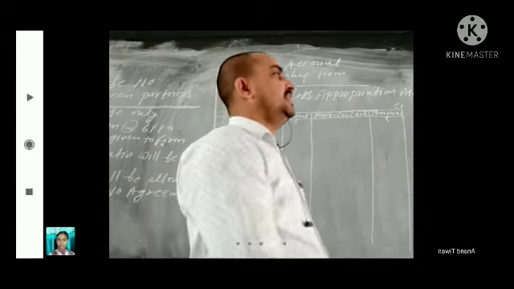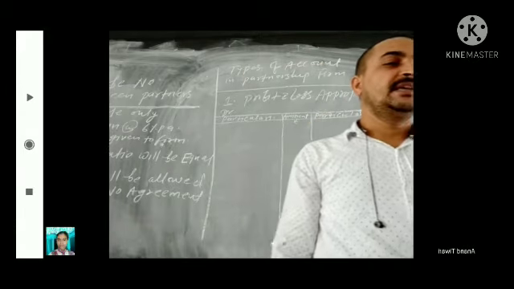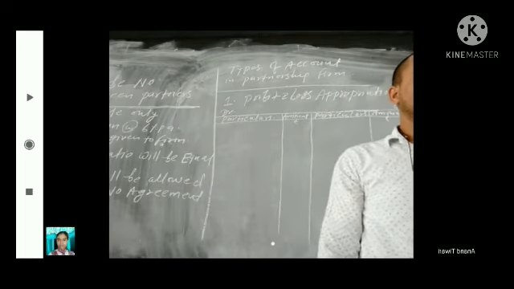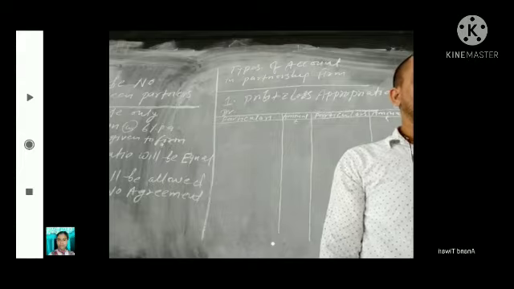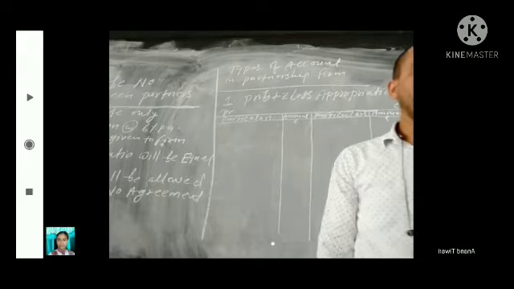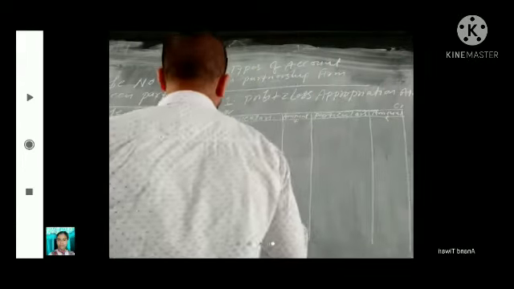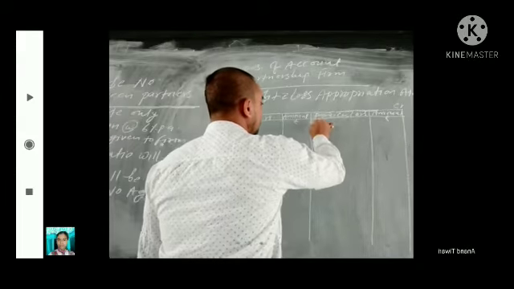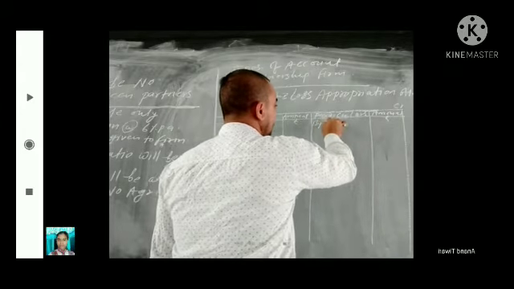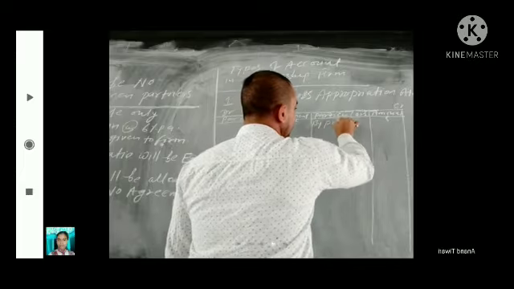Now I am telling you what you have to do in this account, what types of items you have to show. You have to show here by profit and loss account.